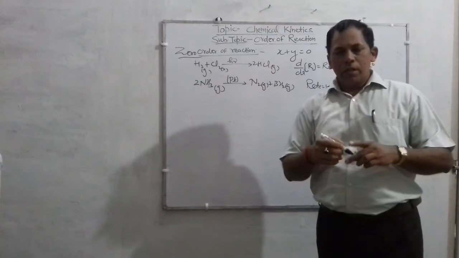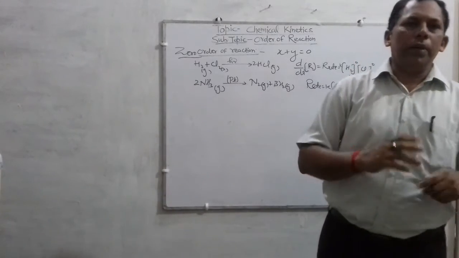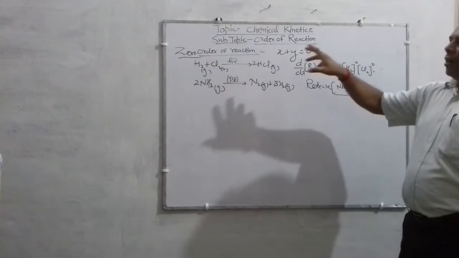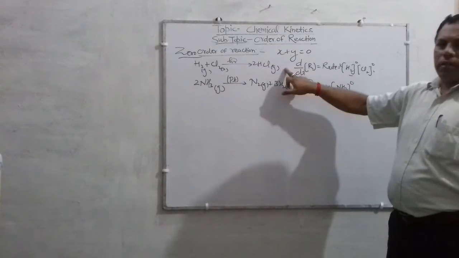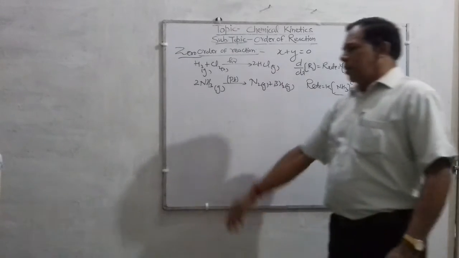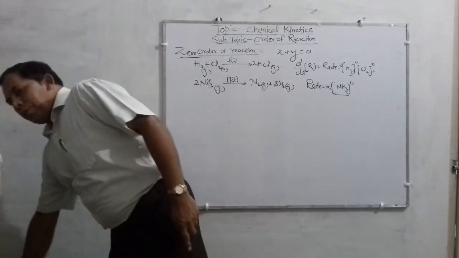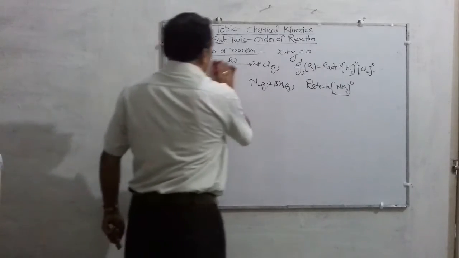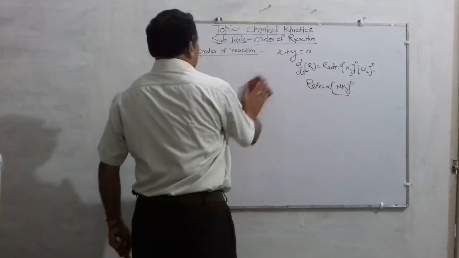According to the definition, the reaction in which the rate doesn't depend on the concentration of the reactant is called a zero order reaction. Okay? Now the next point you have to study is how the integrated rate constant for zero order reaction can be determined.